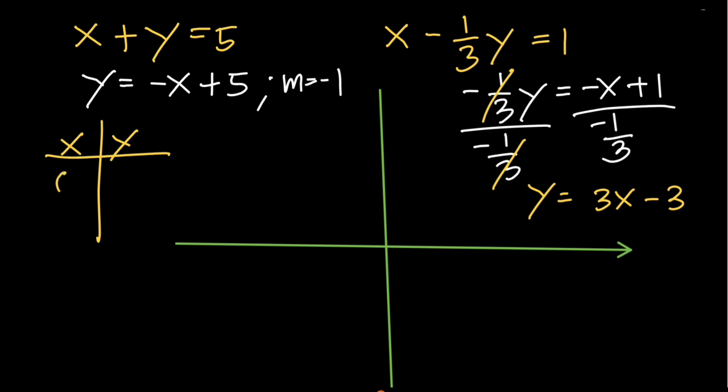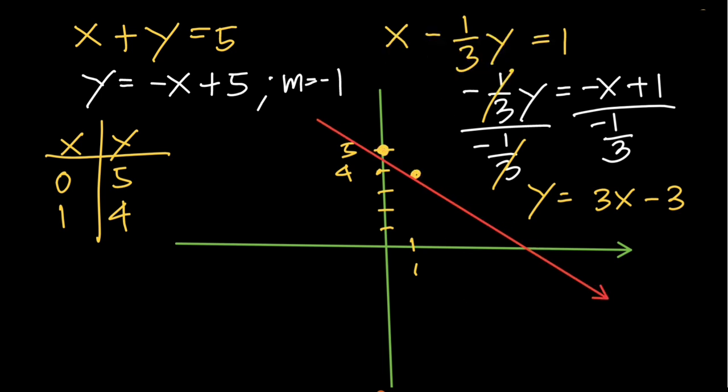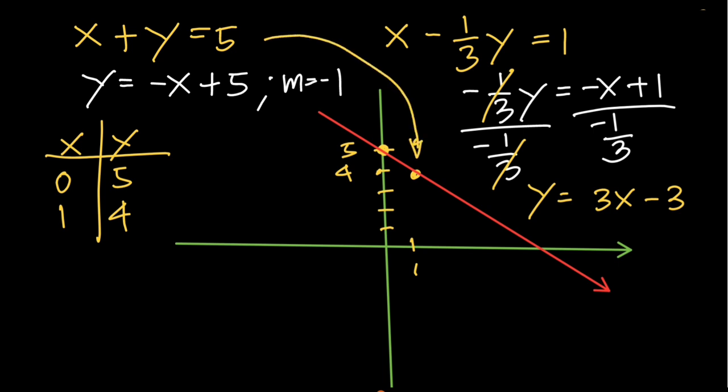So for x is 0, y is 5. 1, 2, 3, 4, 5. When x is 1, y is 4. This is 4, so here. So the graph would look like this. So this is the graph of x plus y equals 5.